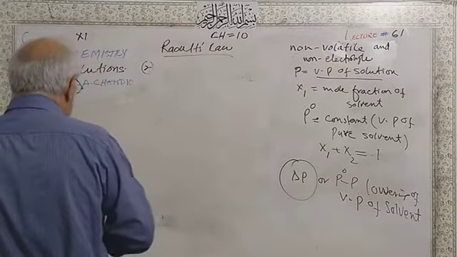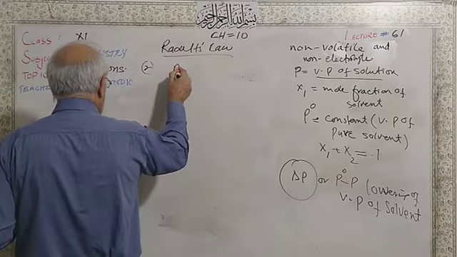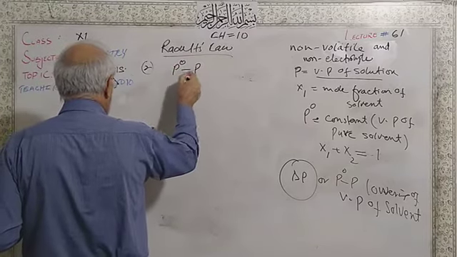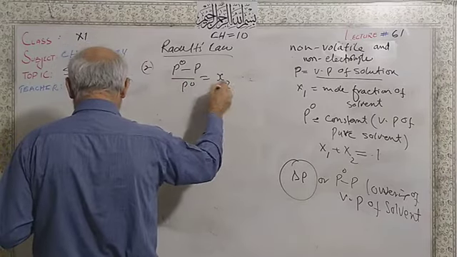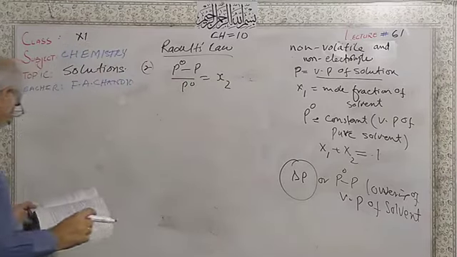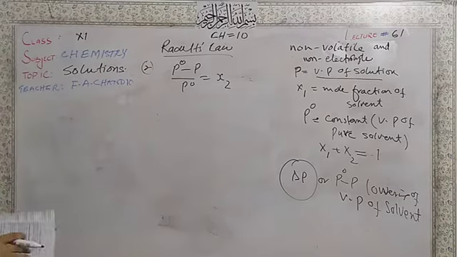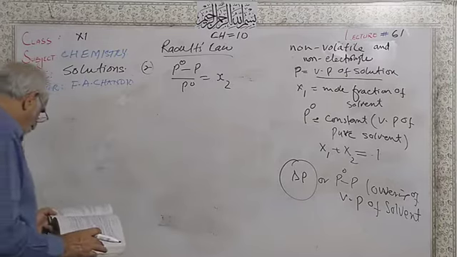So by rearranging the equation, you will get (P naught minus P) divided by P naught is equal to x2. Second definition: lowering in vapor pressure is directly proportional to the mole fraction of solute.